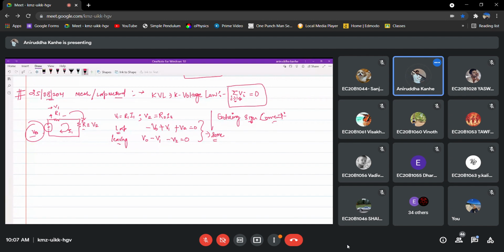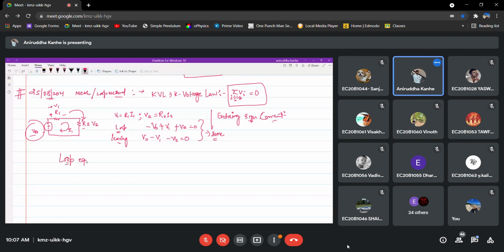Now, generally the loop equation is written in terms of currents, because V1 and V2 would bring two unknowns. Instead of that, we'll try to write in terms of one unknown. So we can write minus V0 plus I1 R1 plus I2 R2, just substituting these values here, equals 0.